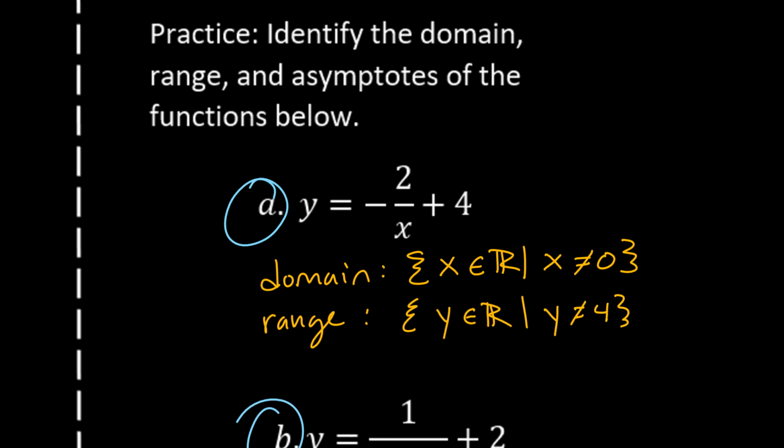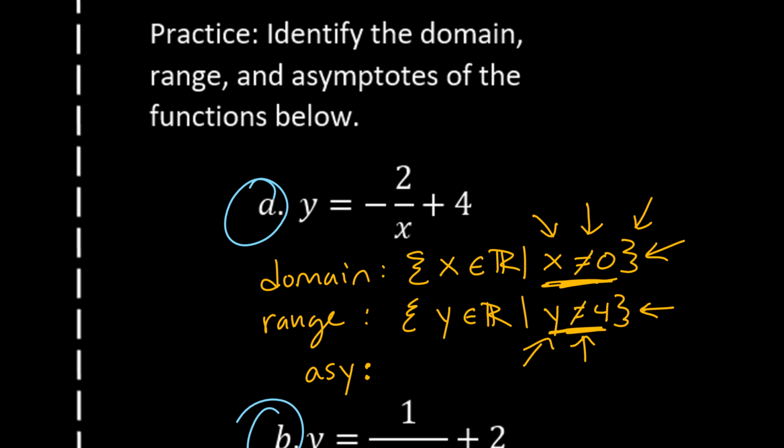Perfect. And therefore our asymptotes are where, Austin? Where are our asymptotes? 0 and 4. X is equal to 0 and y is equal to 4. Those are our asymptotes. Good.